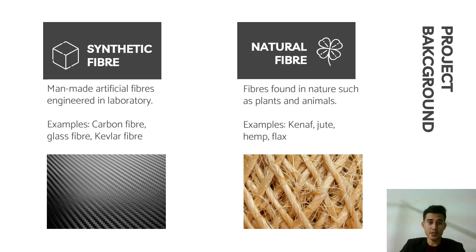Regarding the project background of this final project, two types of fiber will be incorporated into composite laminates: synthetic and natural fiber. Synthetic fiber can be defined as man-made artificial fibers engineered in the laboratory, while natural fiber can be found in nature, such as plants and animals.